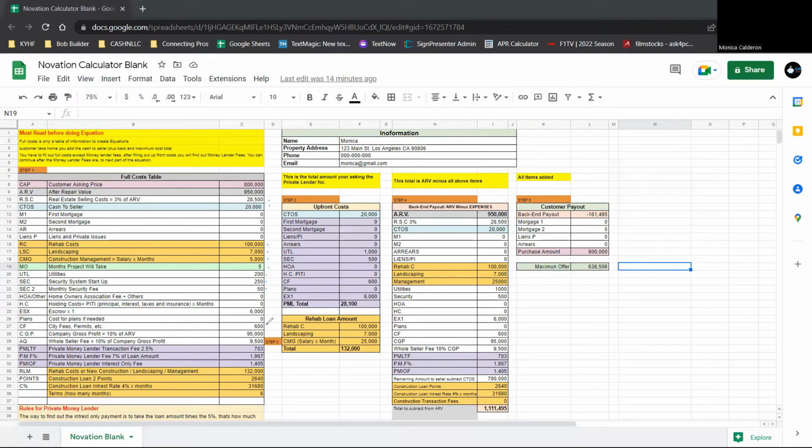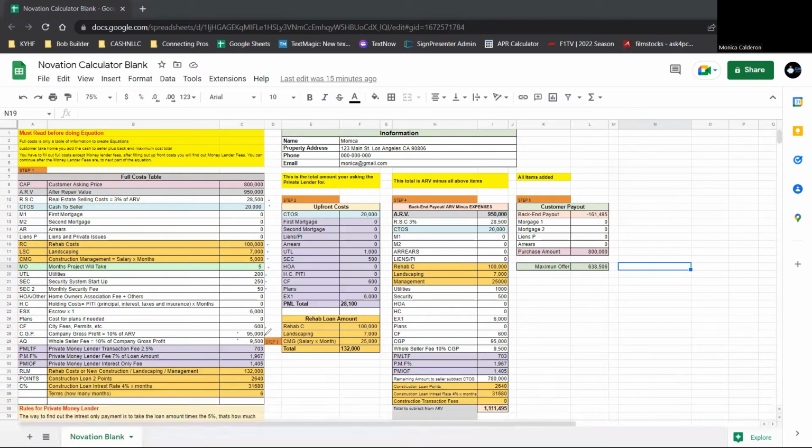We might have to pull a couple of permits, which we'll estimate is around $600. And at the very end here, this is where we have our company gross profit, which we've set at 10% of the ARV. And our wholesaler fee, or the acquisition fee, whatever you might want to call it, is 10% of whatever the company makes.